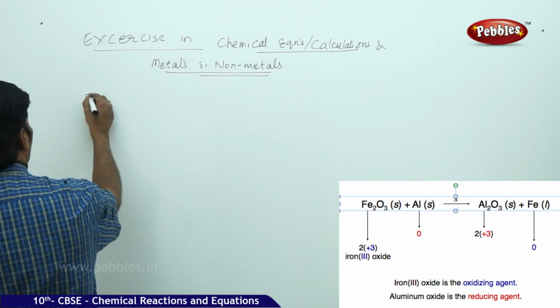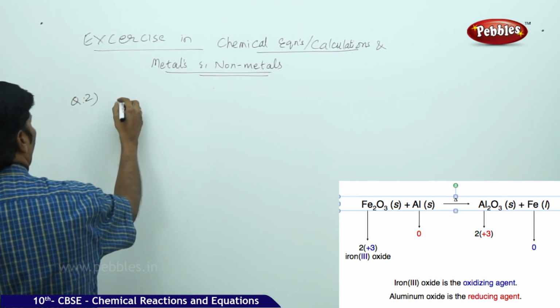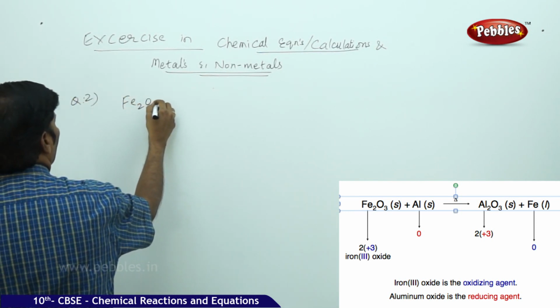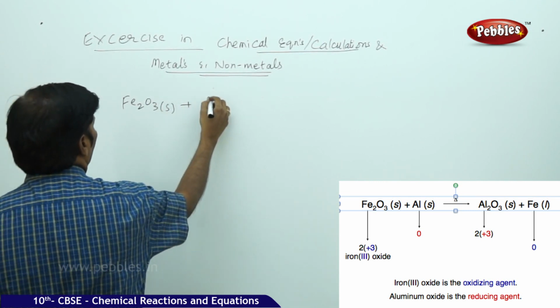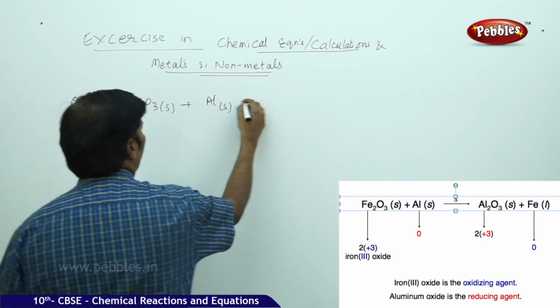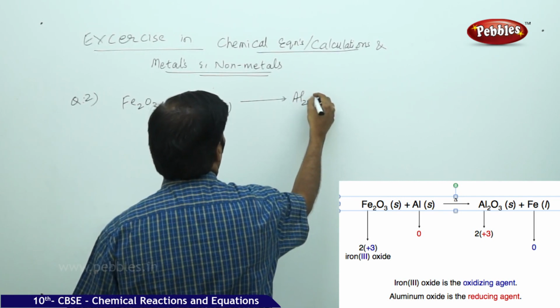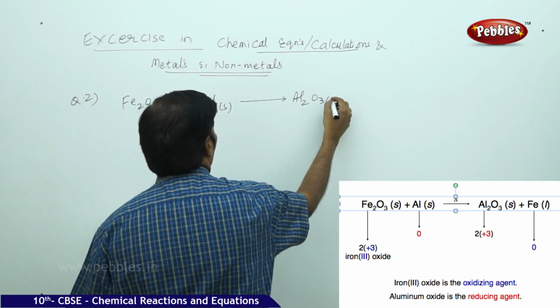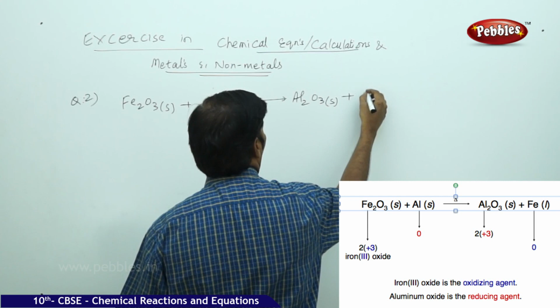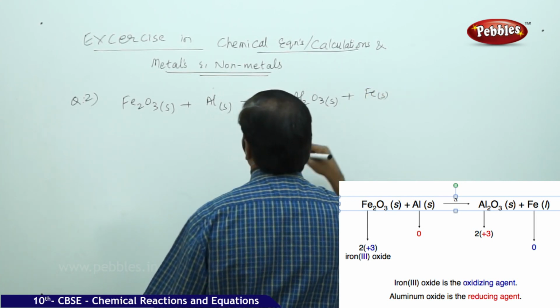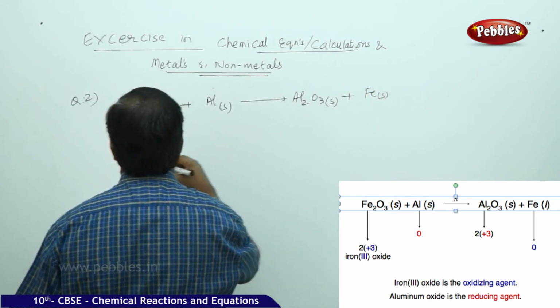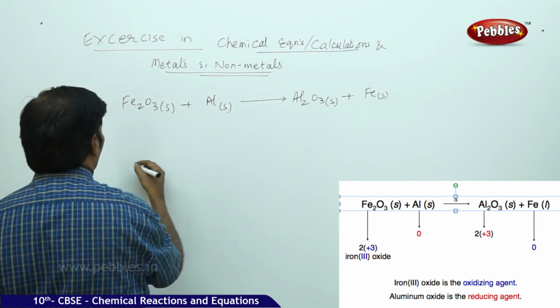So the second question is Fe2O3 solid plus aluminium solid gives rise to Al2O3 solid plus iron solid. This is the equation which is given to us.